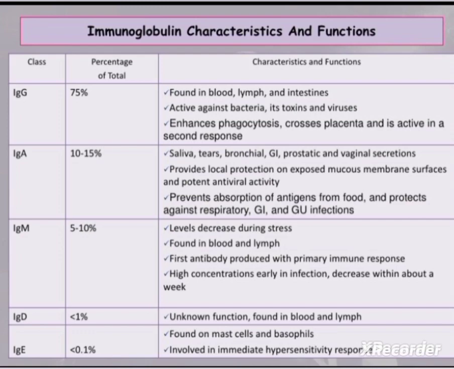The physiological role of IgE appears to be protection against pathogens by mast cell degranulation and release of inflammatory mediators. And IgE has a special role in protection against helminthic infections.